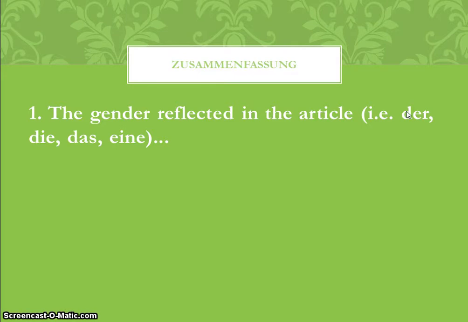So, for example, let me get my pen ready here. If you see something like der Mann, we know that der is masculine, right? We know that Mann is masculine.